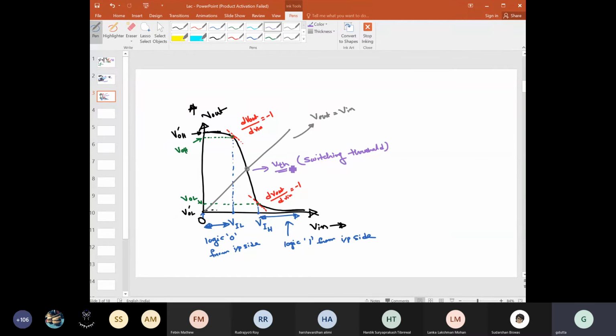But this V small t small h is the switching threshold for a particular gate, and it denotes a particular input voltage: if the input voltage is below that voltage, then you can say that input is logic 0. If it is above that, then you can consider it as logic 1, right? And for the threshold voltage of the transistor, we will use the notation V capital T small h.